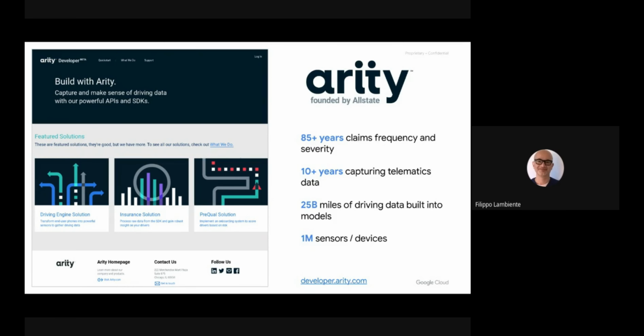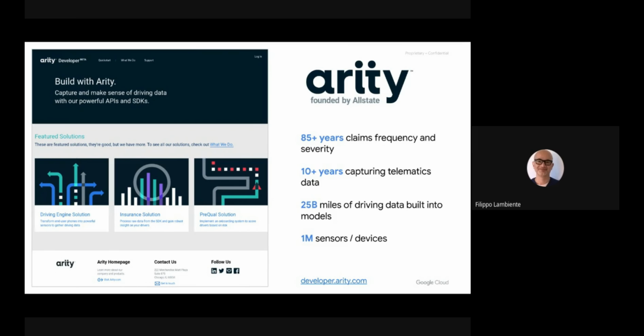So instead of having generic premiums for the car insurance product, here they are able to customize the product because they are able to identify and score how well or badly that driver drives the car.